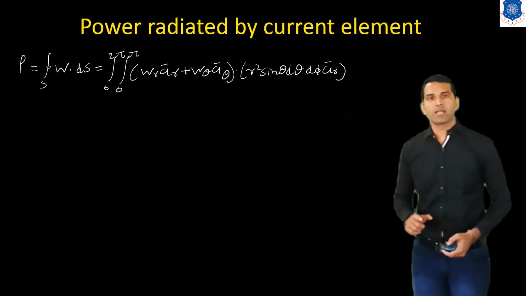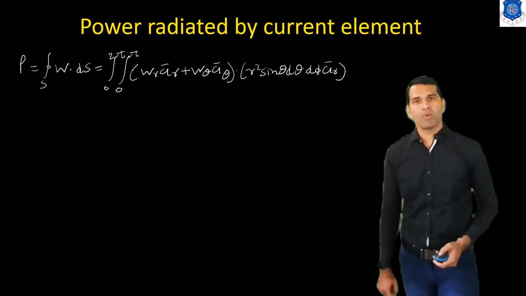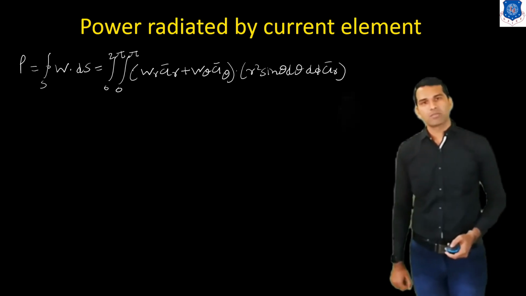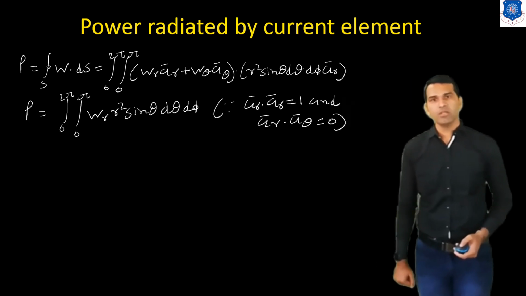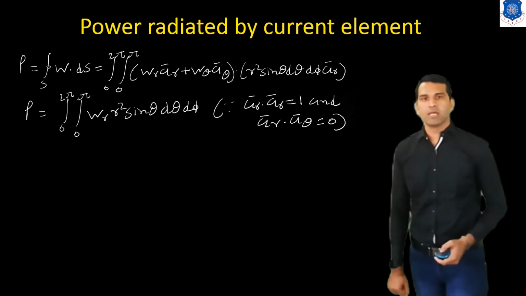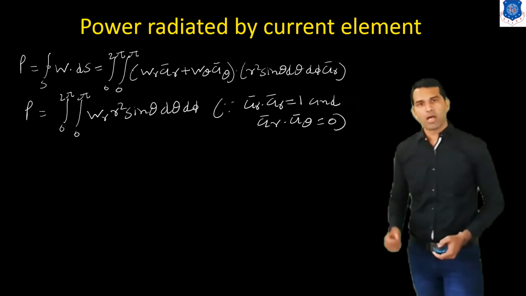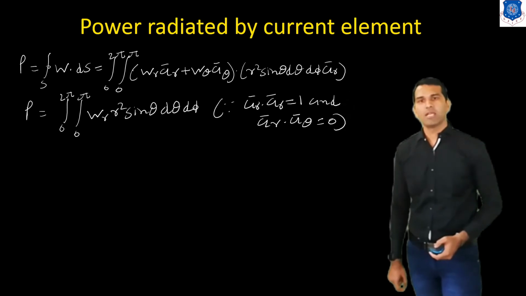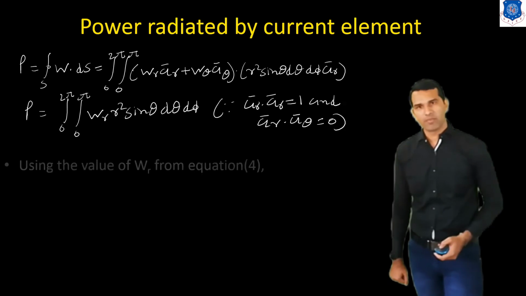This is the spherical integration. So we can write the integral from 0 to 2π and 0 to π of (W_R a_R + W_θ a_θ) · a_R R² sinθ dθ dφ. Now here a_R · a_R equals 1, and a_R · a_θ is 0, because they are perpendicular. So we get only W_R R² sinθ dθ dφ.